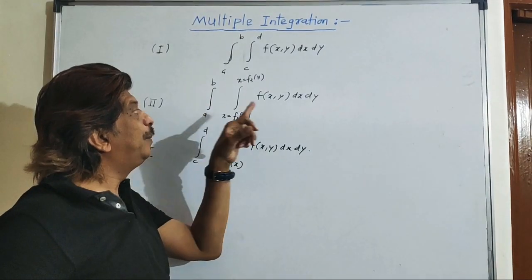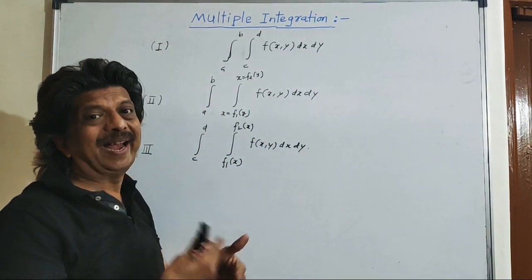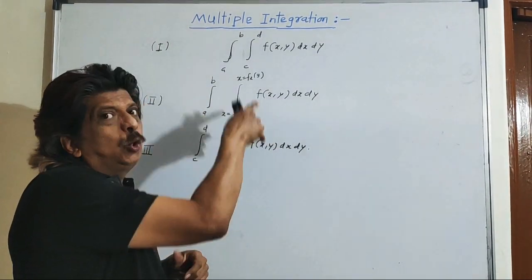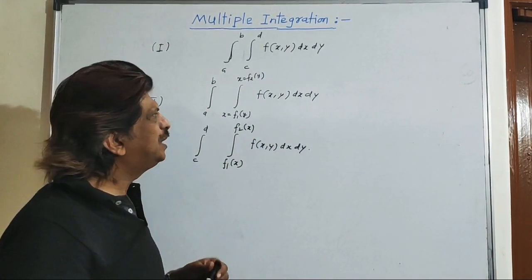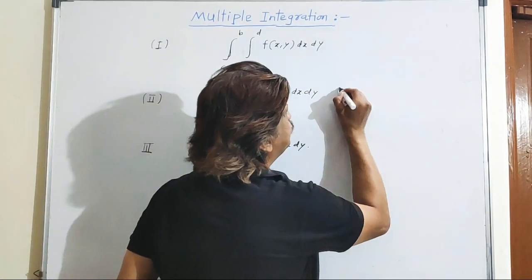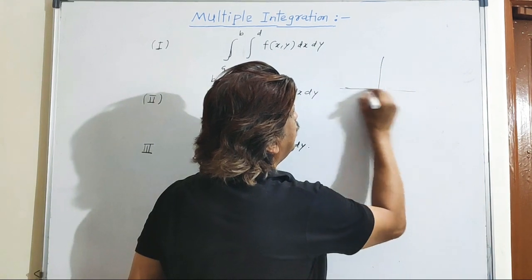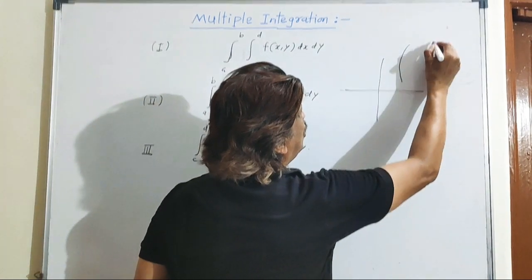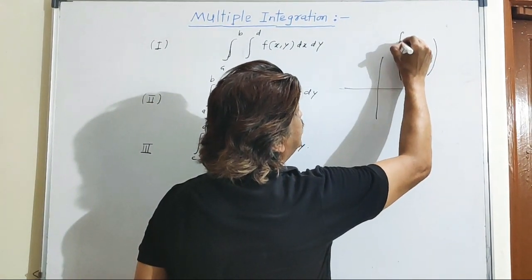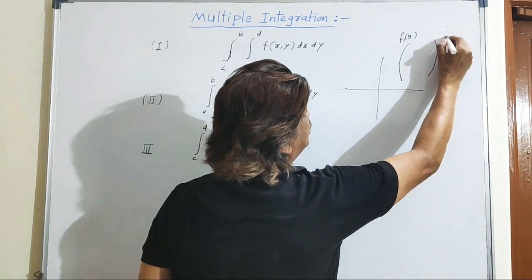Now what happens over here? Here the limits are mentioned in terms of y, f1 of y to f2 of y. So the curves are something like this: x equal to f1 of y and x equal to f2 of y.